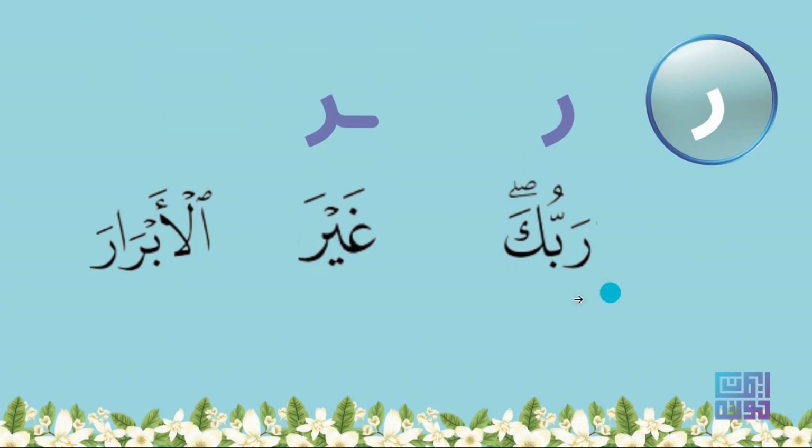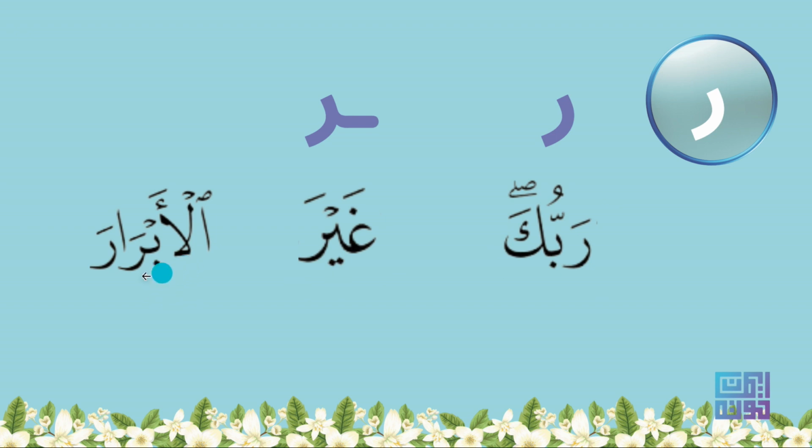Let's have a quick look there. Here at the beginning, the Ra does not allow to be connected with the letter after it. So this is how it's going to be when it is at the beginning of the word. When it comes as the last letter of the word, it's connected with the letter before.